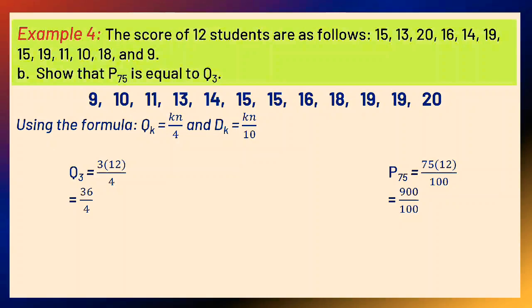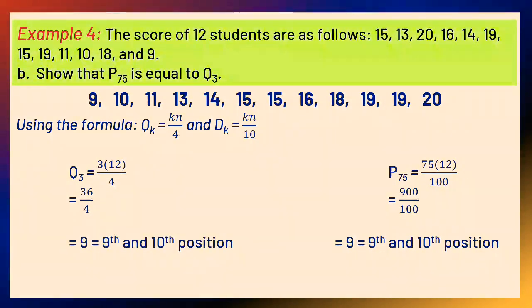So for quartile 3, we have 3 times 12 all over 4, that is equal to 36 over 4. And for the 75th percentile, we have 75 times 12 all over 100, that is equal to 900 all over 100. That results to 9 for quartile 3, the same as 9 for the 75th percentile.